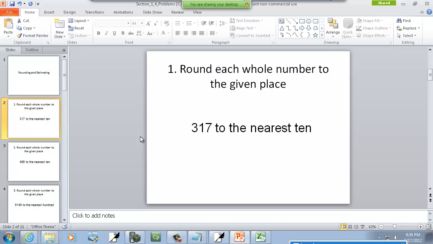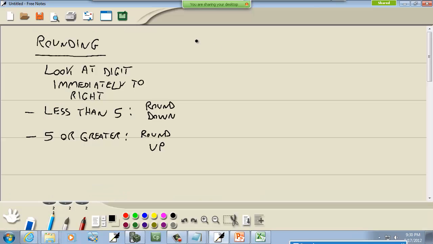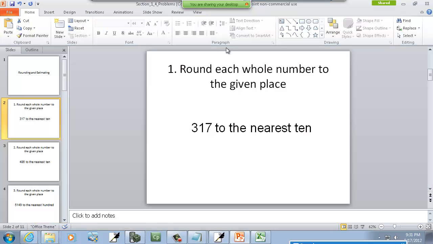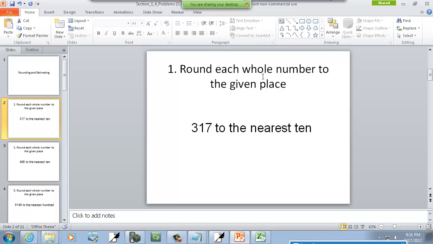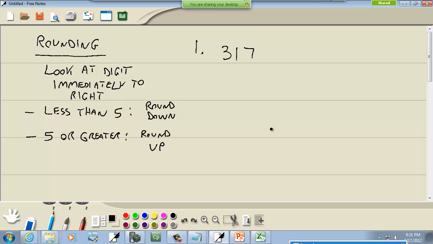So let's look at the first one here. We've got 317. And the instructions say round each whole number to the given place. We want to round to the nearest 10. Well, our tens place is right here, so you have to remember what these represent. This is ones, tens, hundreds.